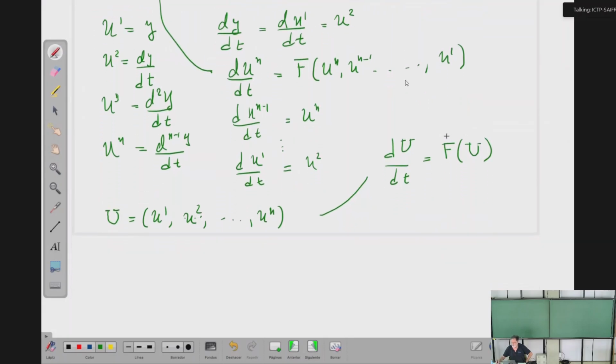Let's change the name, u twiddle, and this F twiddle of u is just a vector that is F, the initial F, un up to u1, and here you have un up to u2.